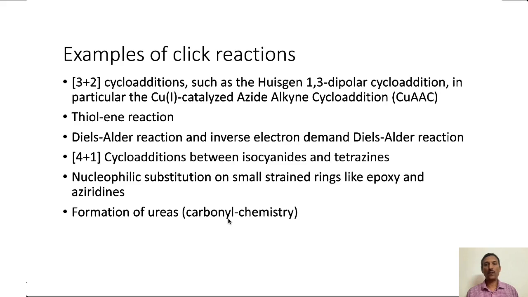We also have other carbonyl reactions like oxime formation and hydrazone formation. These are also some examples of click reactions, and photoclick reactions are also known. We will look at some of the details soon.